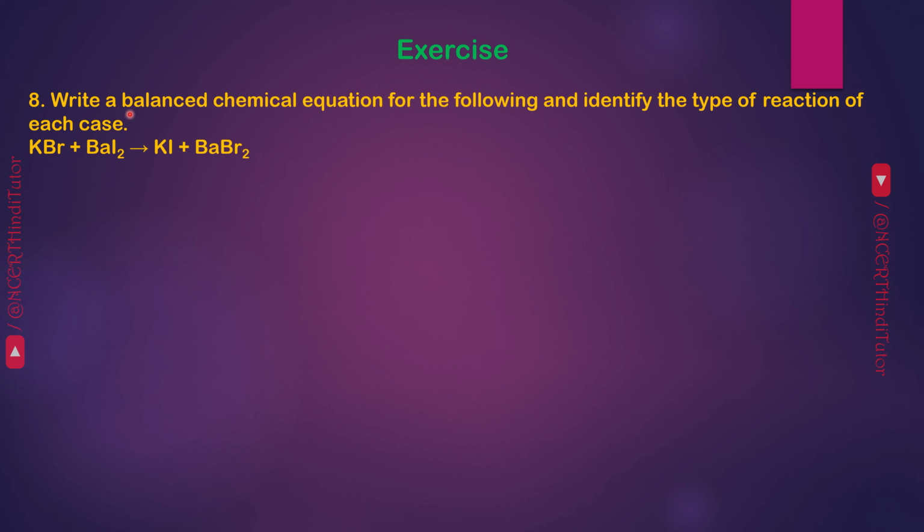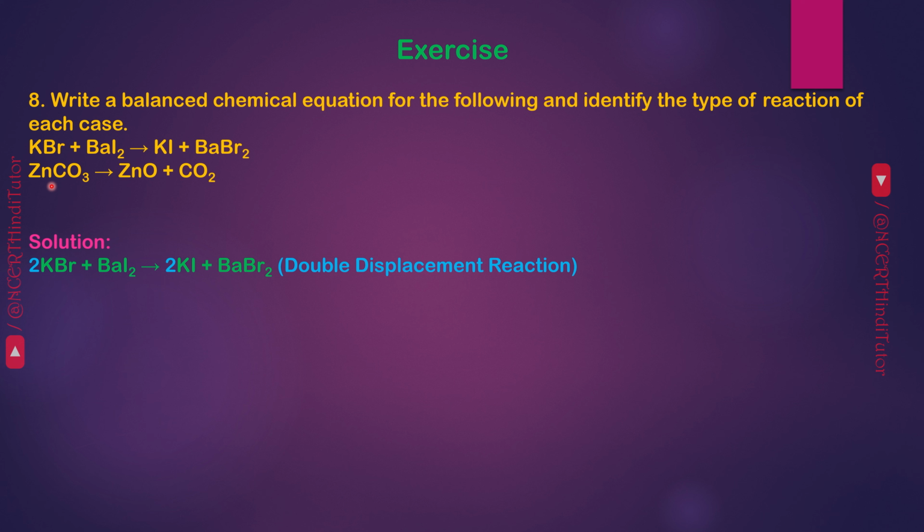Question 8. Write a balanced chemical equation for the following and identify the type of reaction of each case. Potassium bromide plus barium iodide gives potassium iodide plus barium bromide. Answer: 2KBr plus BaI2 gives 2KI plus BaBr2. Double displacement reaction. Second, zinc carbonate gives zinc oxide plus carbon dioxide. Answer: ZnCO3 gives ZnO plus CO2.